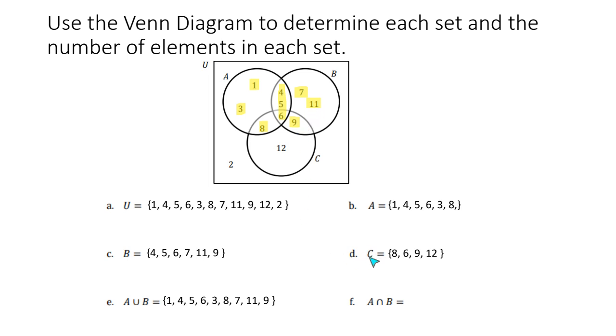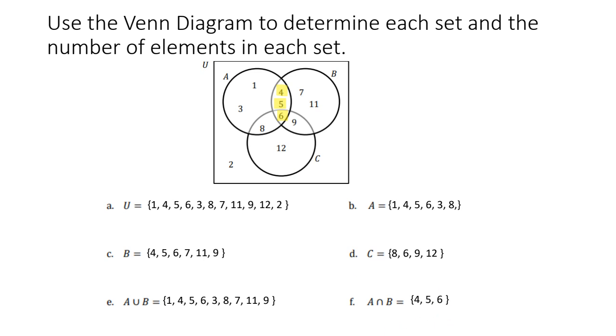The last one here is A intersected with B. That's the things that are common to both A and B. The area common to both circles is 4, 5, and 6, and that is our answer.